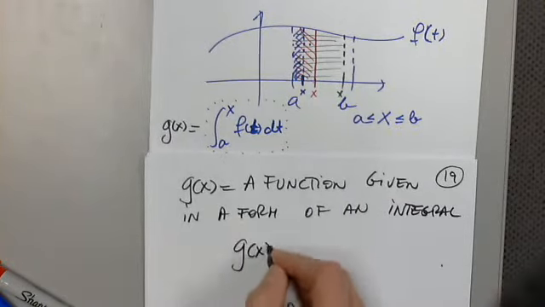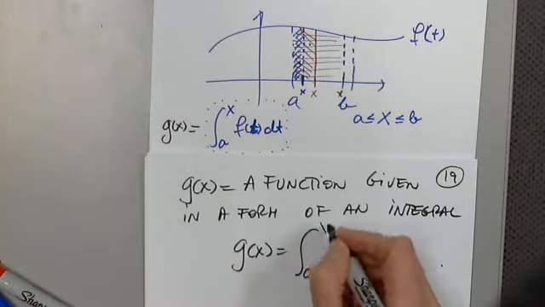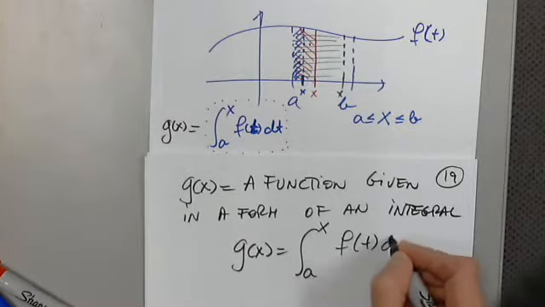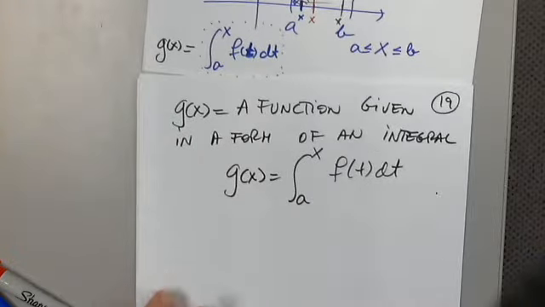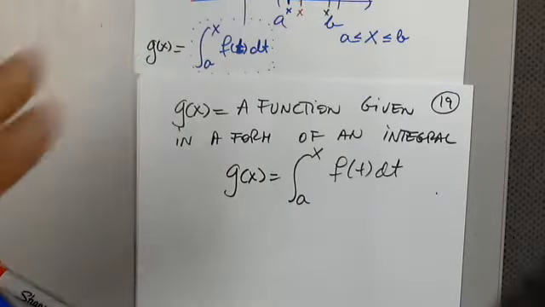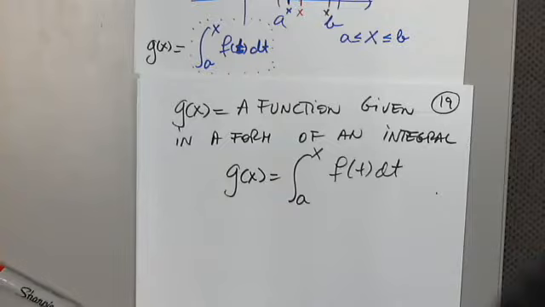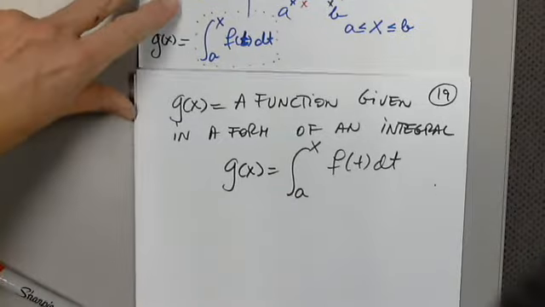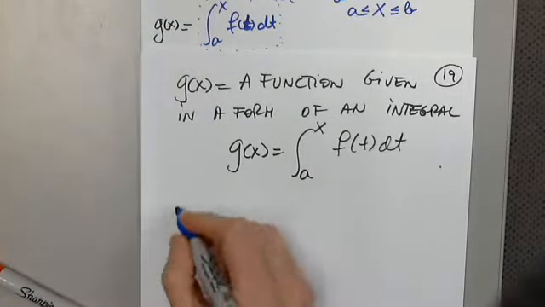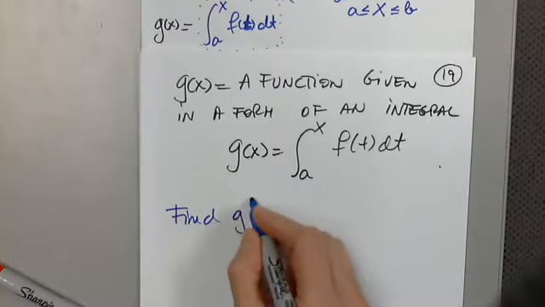So g of x equals the integral from a to x of f of t dt. And now, bless you, I would like to find g prime of x.